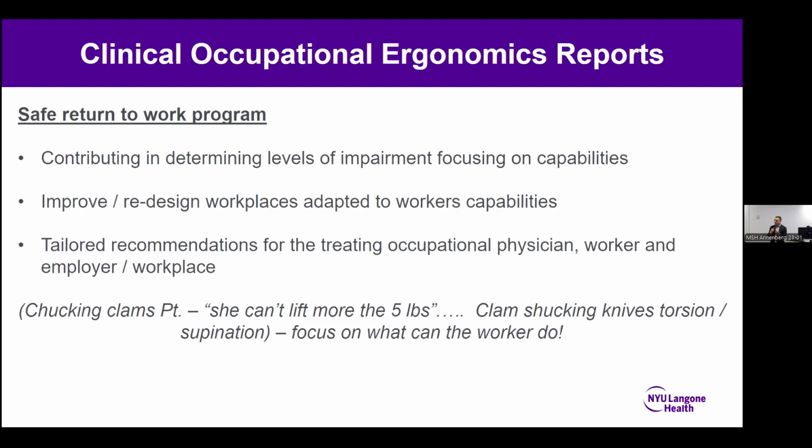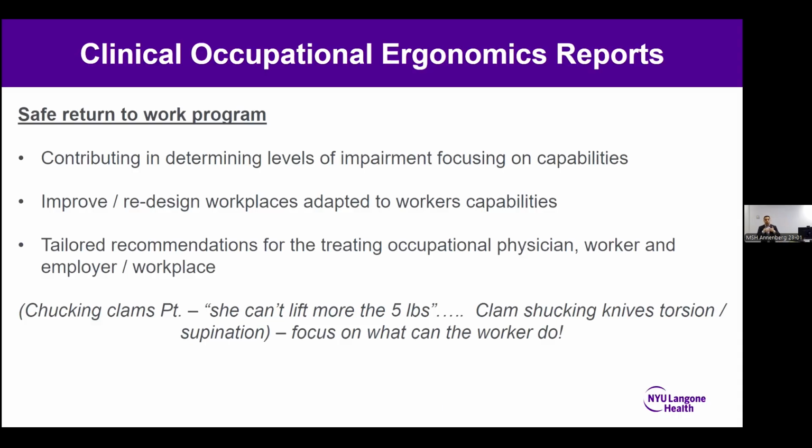We can be very helpful on that, because we understand the details of what the person does at work, and we learn all the tasks within their job. Then we can say, okay, listen, of tasks 1 to 10, the person cannot do 1, 4, and 8, but the person can do this and that.